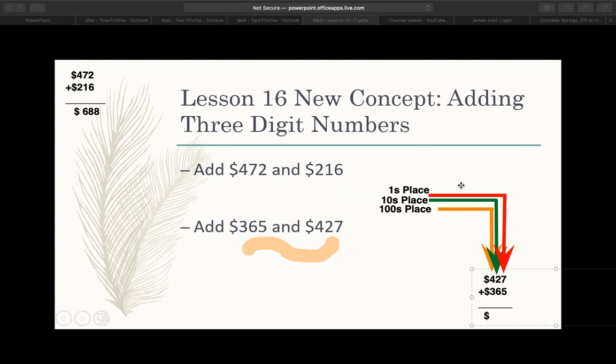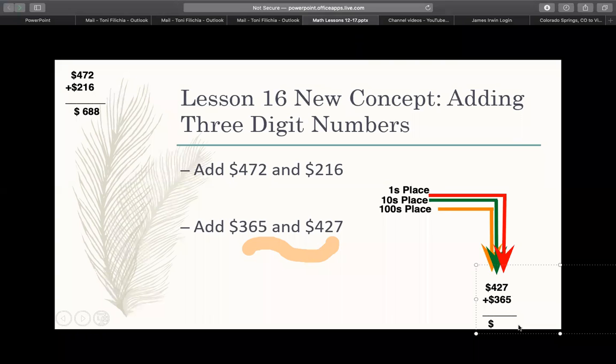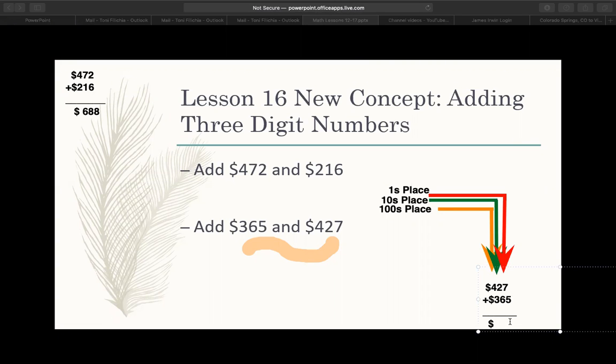Looking in our ones place, what is 7 plus 5? Seven plus 5 is 12. We would put that 2 in our ones place, our 1 in our tens place.